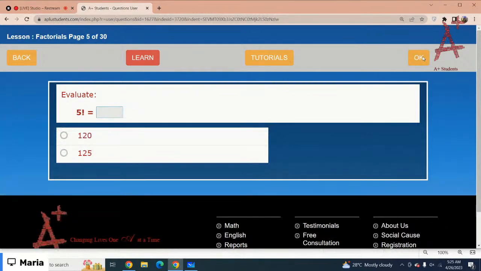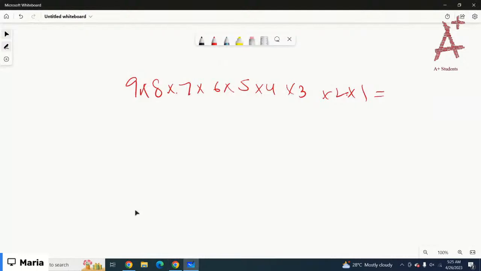So 5 factorial equals 5 times 4 times 3 times 2 times 1. So which is the correct option? 5 factorial is 5 times 4 times 3 times 2 times 1. 5 times 4 is 20. 20 times 3 is 60 and 60 times 2 is 120.